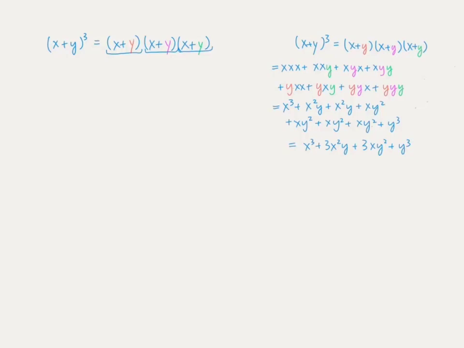After we have listed out all possible ways, we combine like terms together. We get 3x squared y because there are 3 ways of getting x squared y.